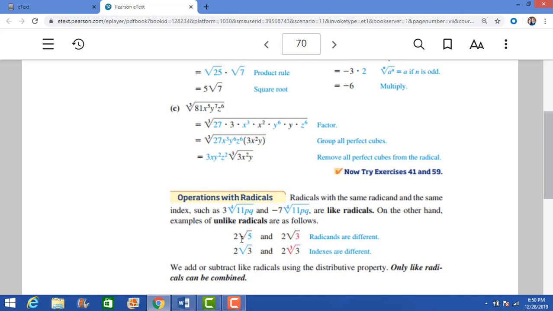This and this are unlike radicals because they have different radicands. These two are unlike radicals because they have different indexes. So if they are like radicals, we can combine them, just like we would with like terms when we deal with polynomials.